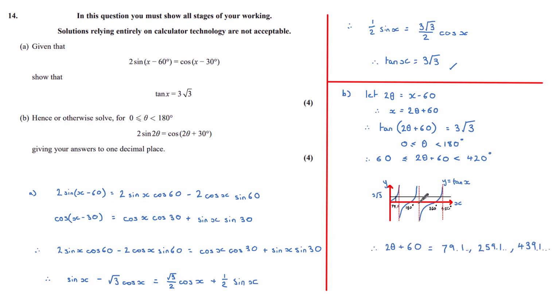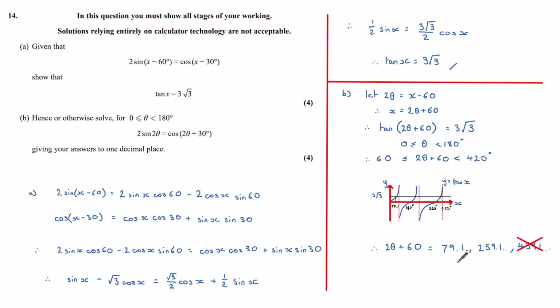This gives me three values from this graph here of 79.1 and so on, 259.1 and so on, and 439.1 and so on. Now, remembering our range to be between 60 and 420, this value here, 439.1, is beyond our range, so we can ignore that value.